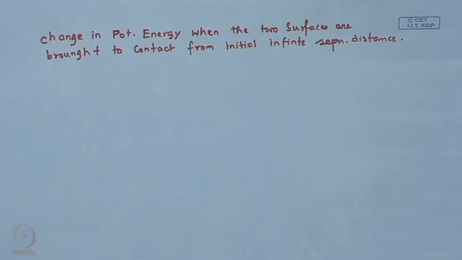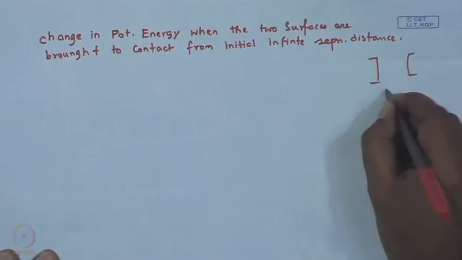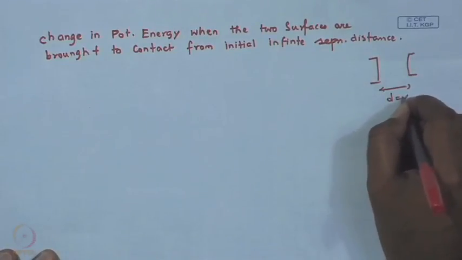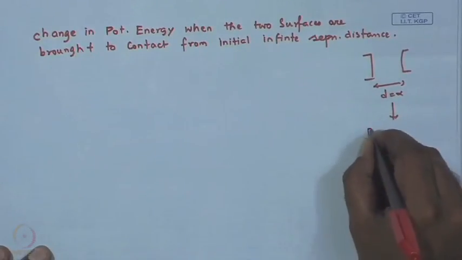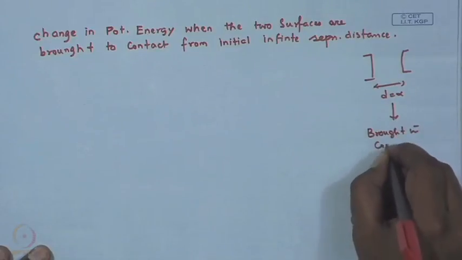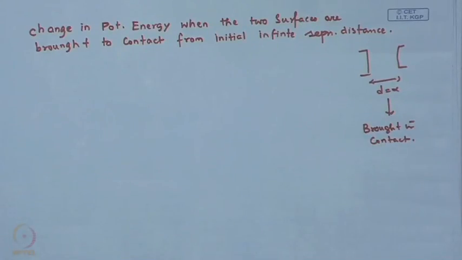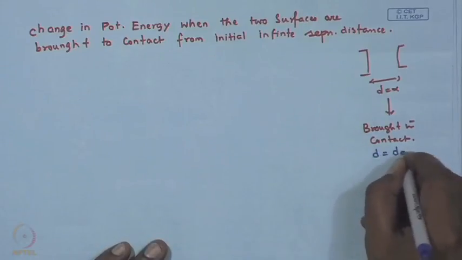So, let us say we talk about two semi-infinite blocks which are initially at infinite separation and then they are brought in contact. Based on the discussion we have already had, we understand that when these two are brought in contact, this corresponds to d equal to d0.